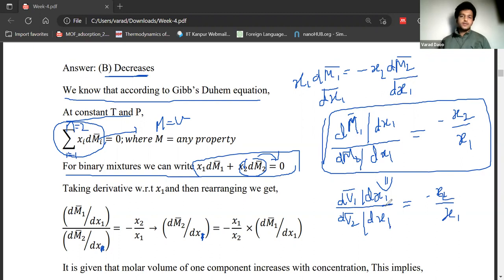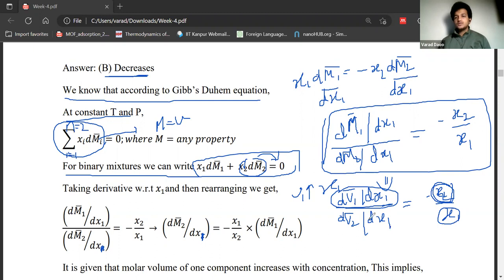It has been given that v1 is increasing with x1, that means this is positive. It's a mole fraction, it cannot be negative. This is positive, this is positive.